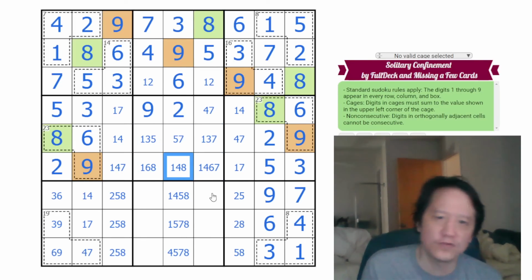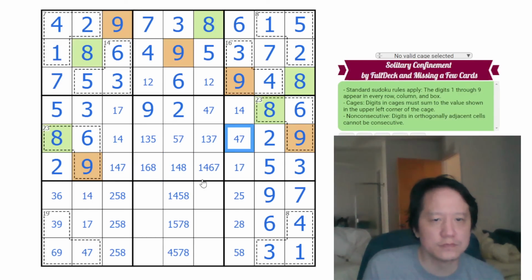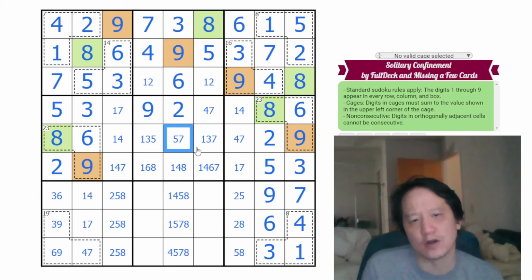That can still be 4. If this is 5, this is 7, this is 3. Right. Otherwise, this could be 5.